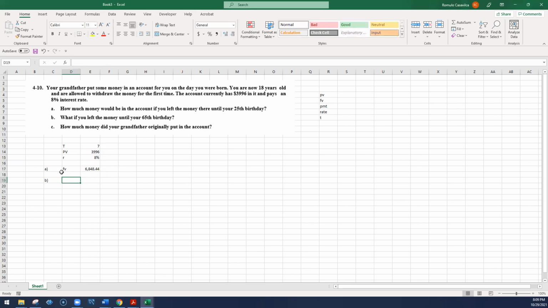For number B, now you're going to leave this balance until your 65th birthday. So your new time will be 65 minus 18, so it's 47 years, and you will have a new future value.